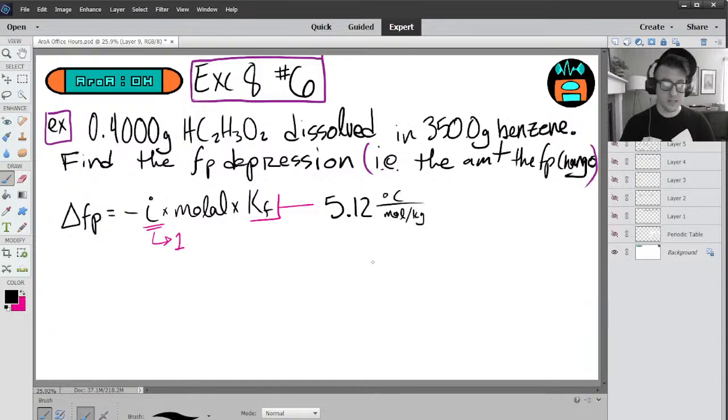Some weird units, but these are actually the units for molality right here. So the molality units end up canceling. We're left with degrees Celsius, which is good.